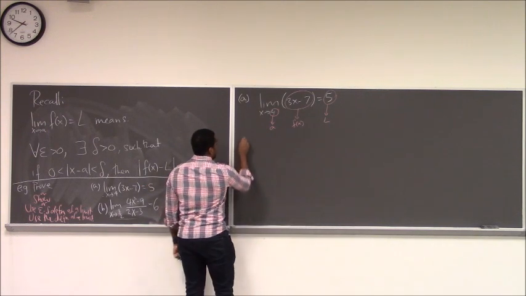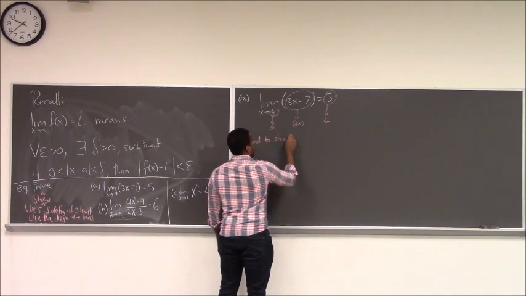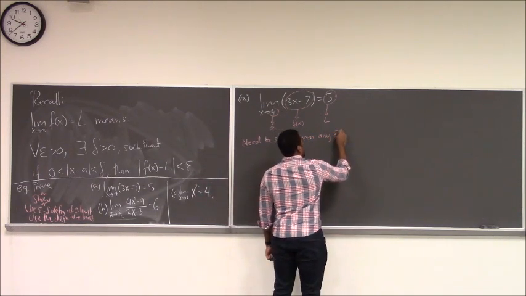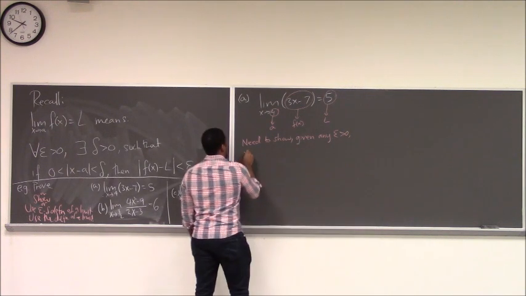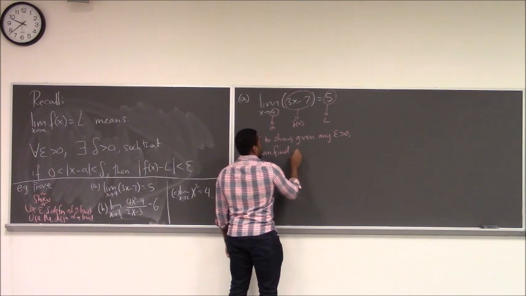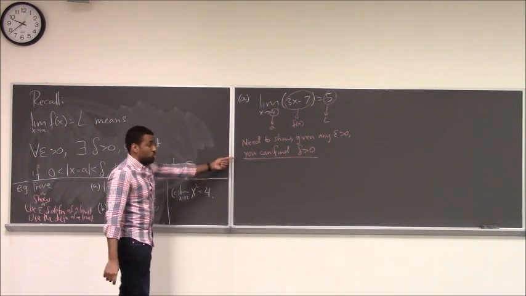So you should realize you need to show, given any epsilon greater than 0, you can find delta greater than 0. That's the main part. That's you solving the problem.